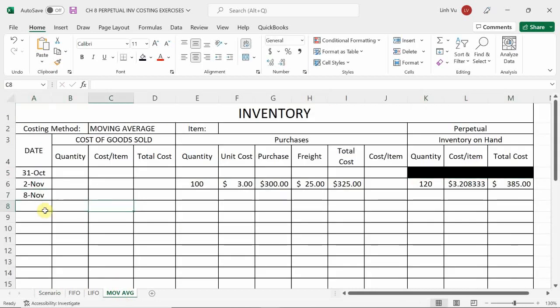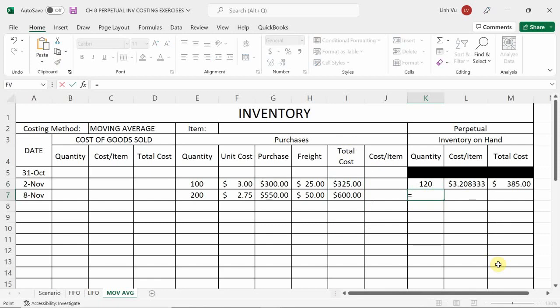November 8th, 200 units at $2.75. It's $550. And $600. Okay.